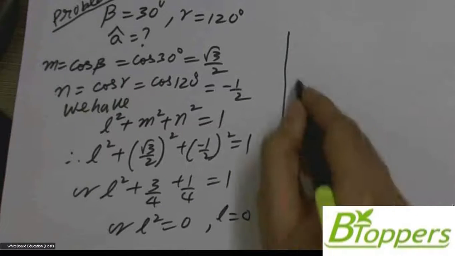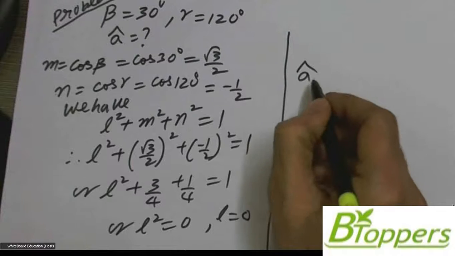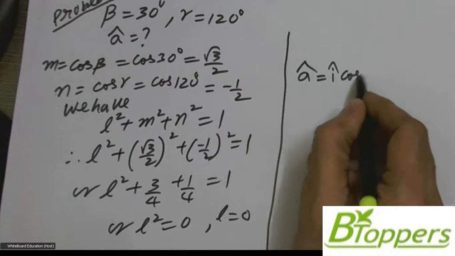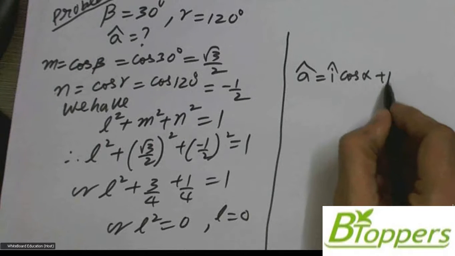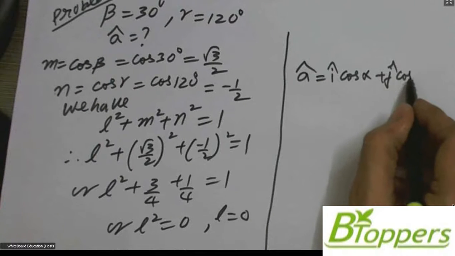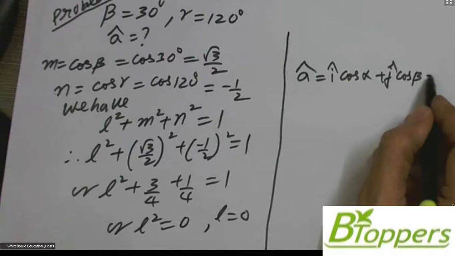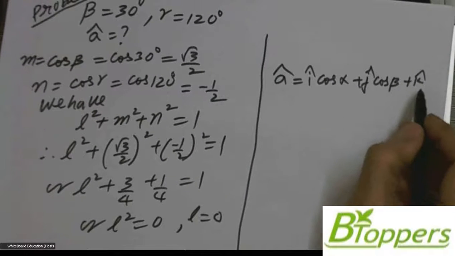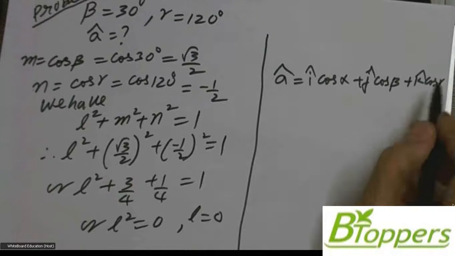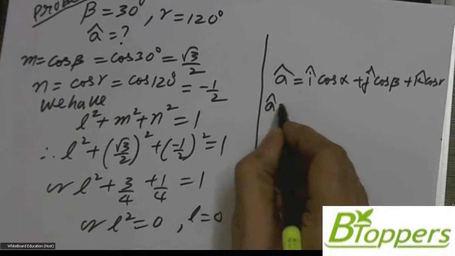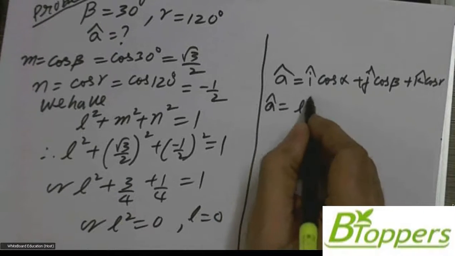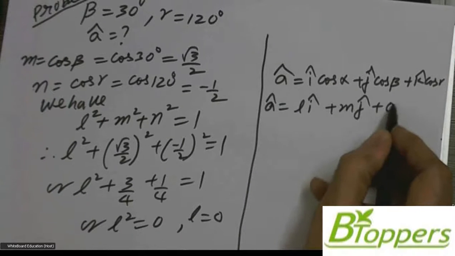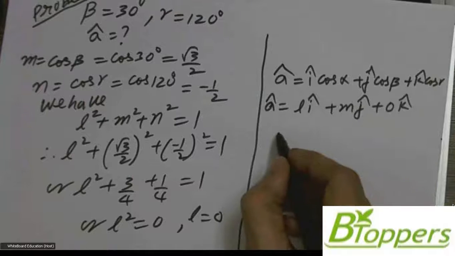So the unit vector in the direction of the vector A bar is given by A cap equal to I cap into cos alpha plus J cap into cos beta plus K cap into cos gamma. Or you can write A cap equal to L I cap plus M J cap plus N K cap.